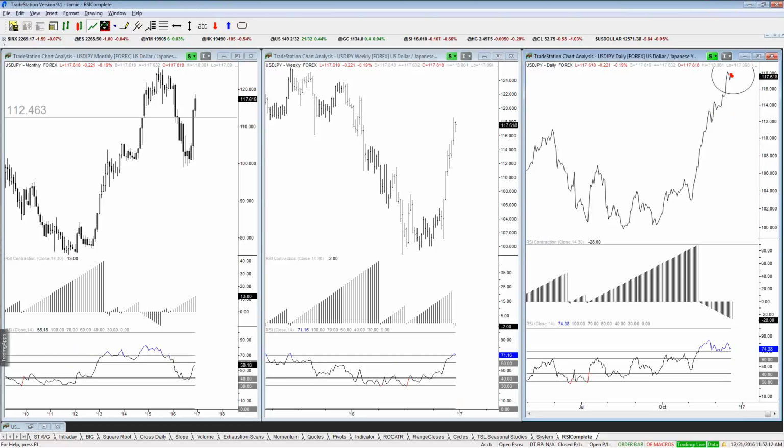For dollar yen, look, is there a top in place already? I have no idea. I think that the next 500 pips is down, but the next 100 or even 200 pips could be up. Okay.